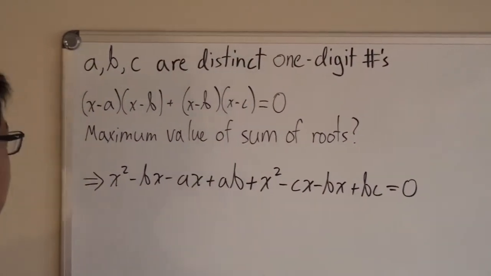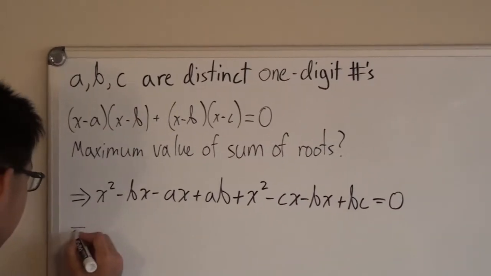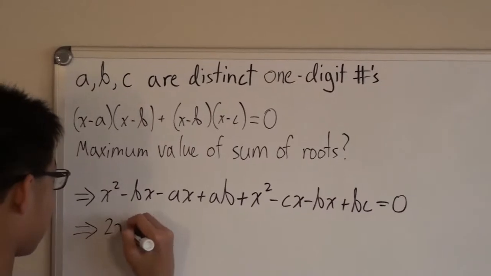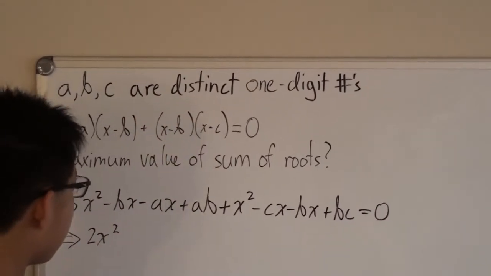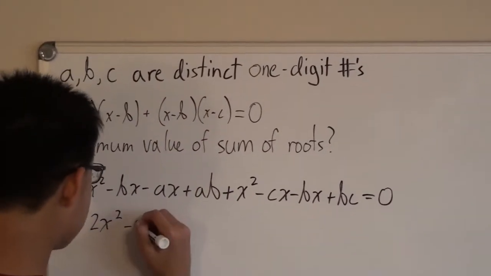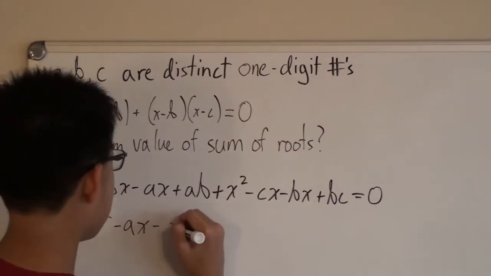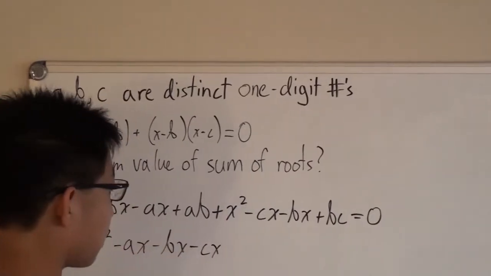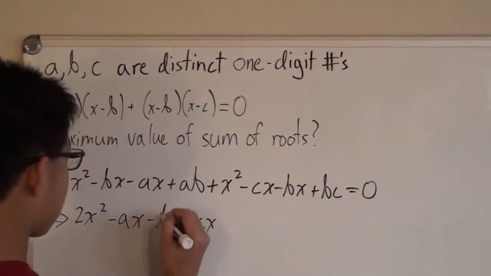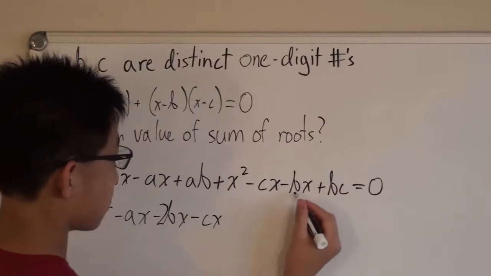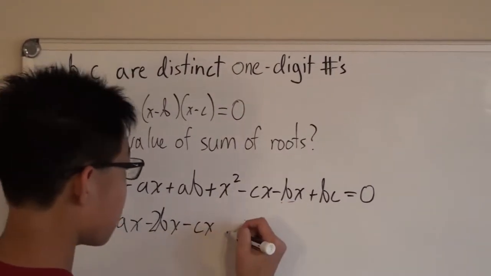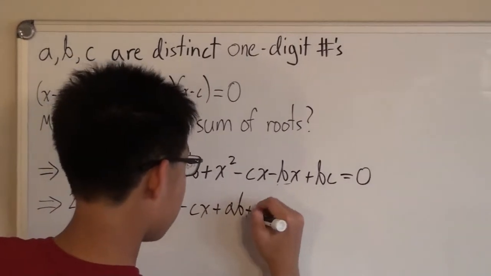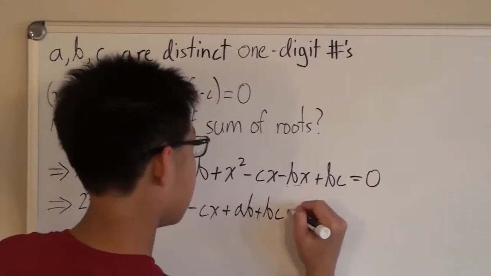And then next we would combine like terms, which is just 2x squared and then minus ax minus bx minus cx, and actually minus 2bx since there's two bx's, and then plus AB plus BC.